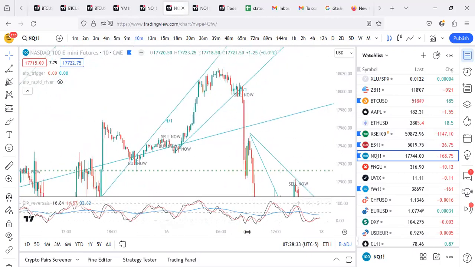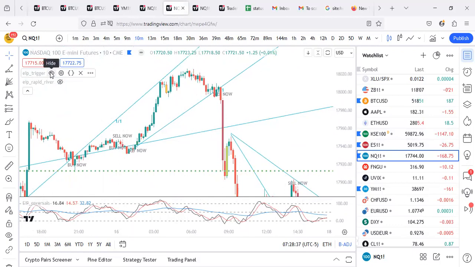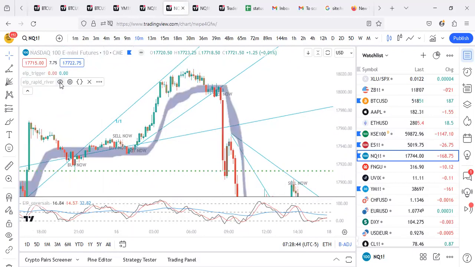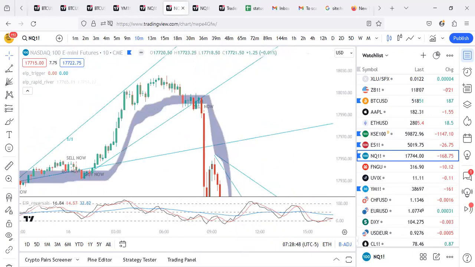But now I'm going to put on this EIP rapid river. It could be seen that once the trend line was broken to the downside, it made a retest to the trend line. But I'm not a trend line trader.